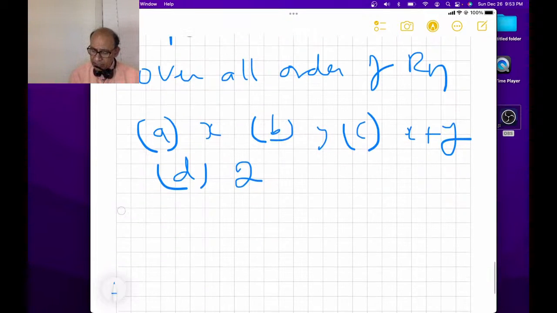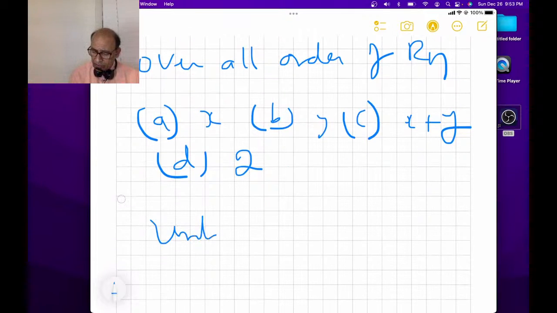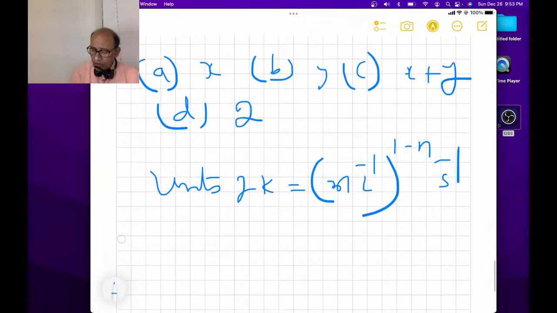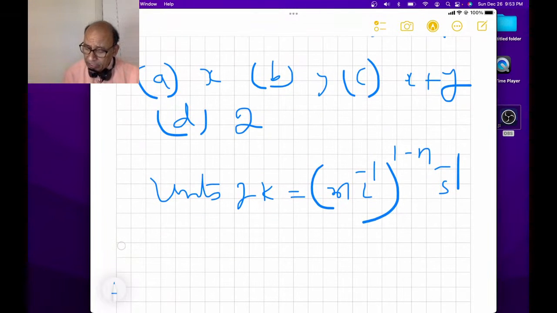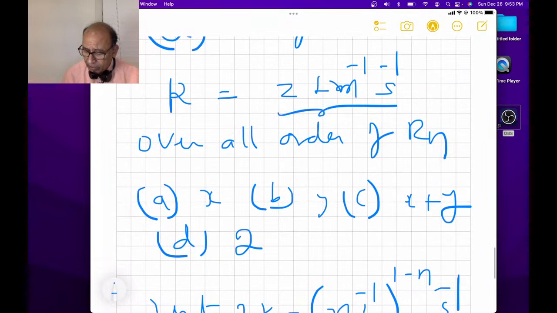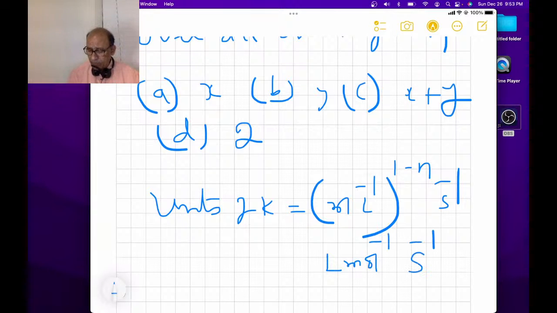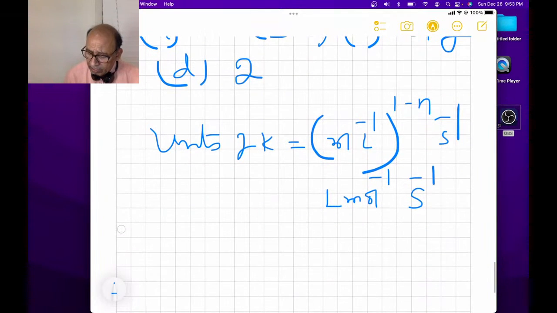Obviously, we already stated that units of rate constant are moles per liter whole to the power 1 minus n per second. And now the given units of rate constant are liters per mole per second. See, in the given units of K, there is mole to the power minus 1. Can you see it clearly, sir?